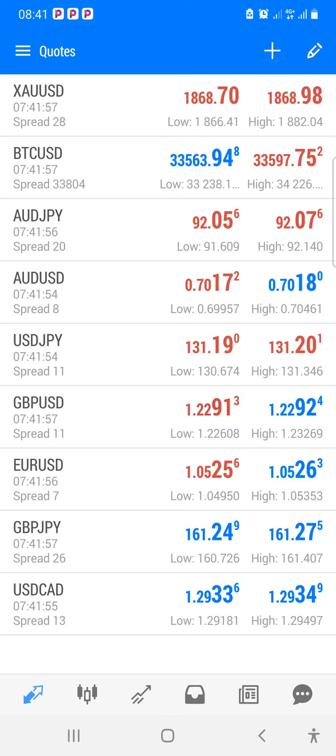I made mention in a voice note that when it is simultaneous, as you're selling, someone wants to buy, and as you're buying, someone wants to sell. That's the logic here, where your bid price is the price buyers want to buy from you when you want to sell. So when you're selling Euro USD, the price the buyers are going to buy from you is 1.0522 now.